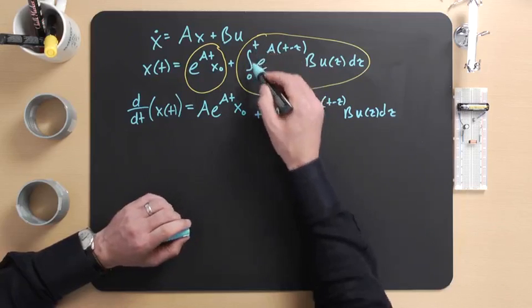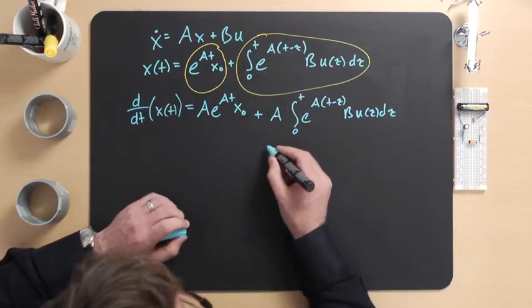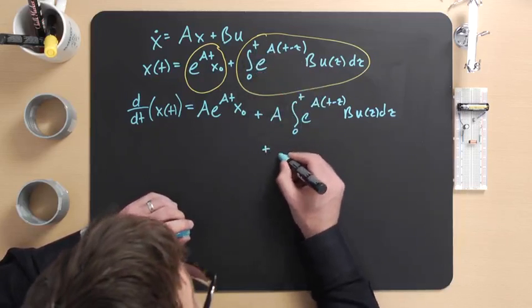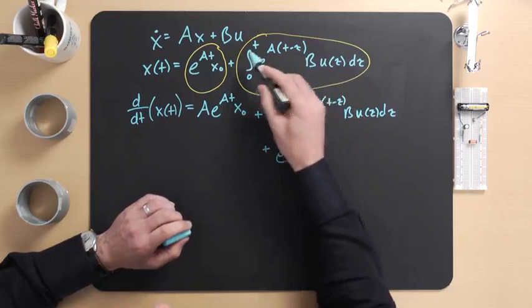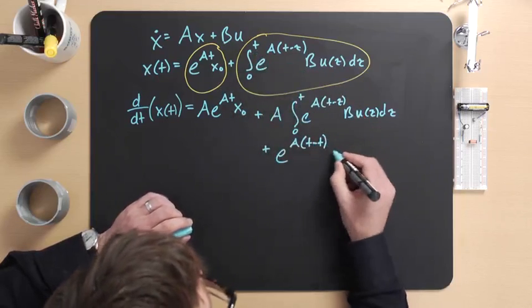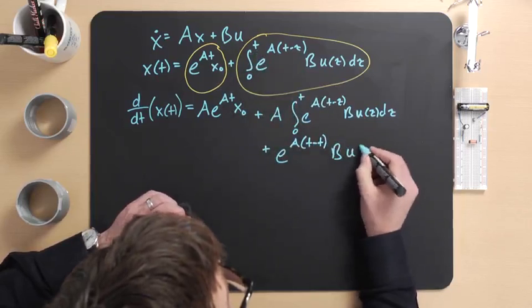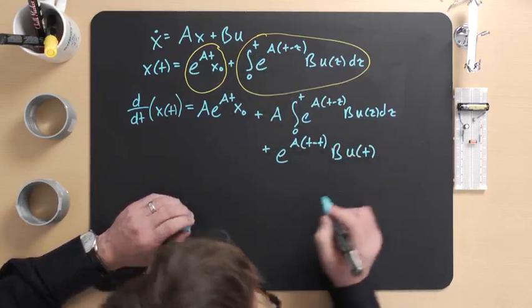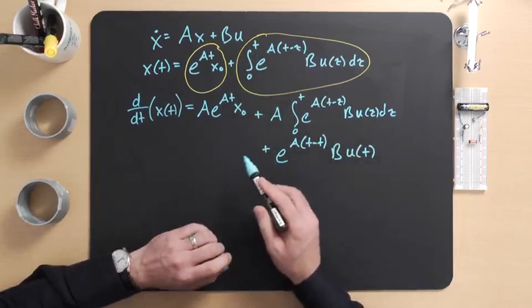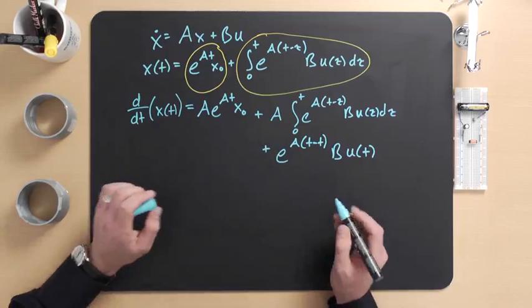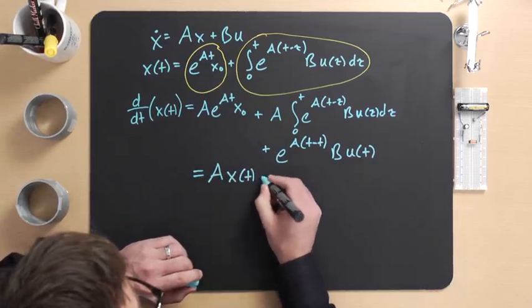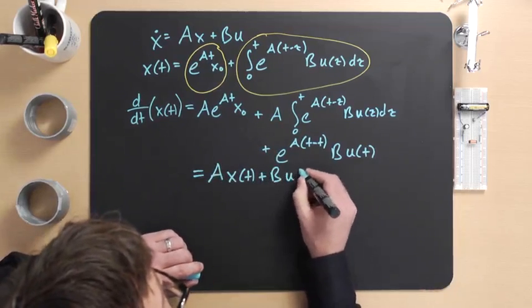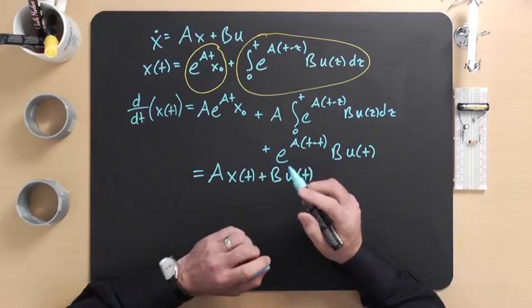Now, the second term comes from Leibniz rule. So I have to take into account the fact that t is part of the integral, and Leibniz rule tells me that the result is e to the a (t minus tau), where I plug in t for tau, times b u of t. Now notice that if I bring all this together, this is equal to a x of t plus b u of t.